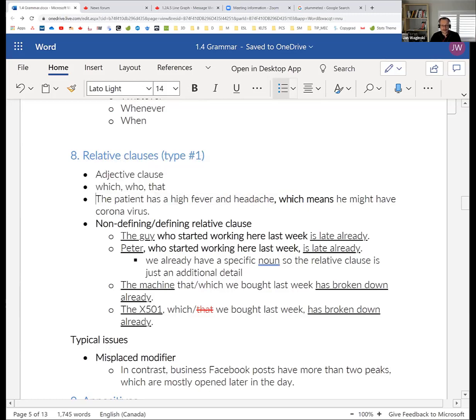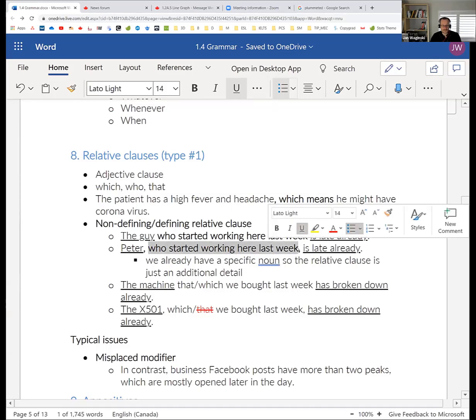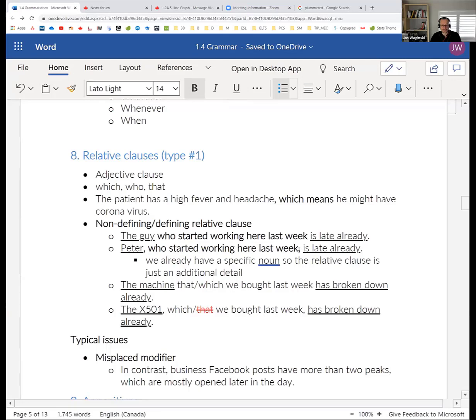So that whole thing means he might have coronavirus. But in many cases, the relative clause, like here, Peter, who started working here last week, refers specifically to Peter. And when the relative clause refers to a specific noun in that sentence, it must follow right after.